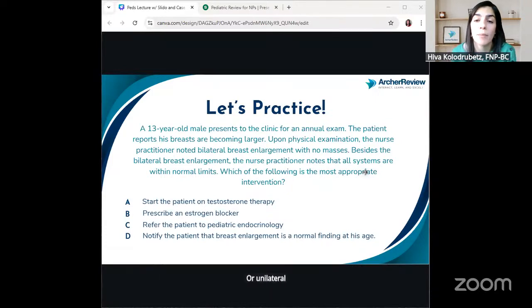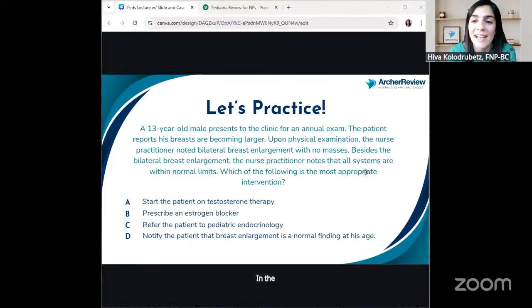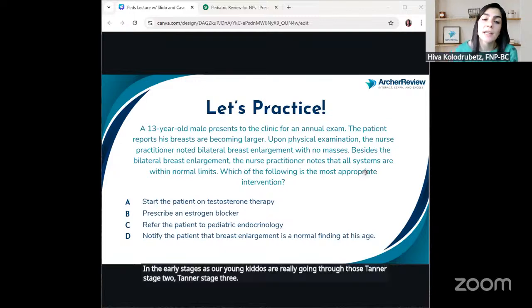And we do see that breast tissue enlargement, typically without treatment, resolve within 6 months to 2 years. And we do see it typically developing between the ages of 10 to 12 years old. It's more common in the early stages as our young kiddos are really going through those Tanner stage 2, Tanner stage 3. So again, this is completely normal.